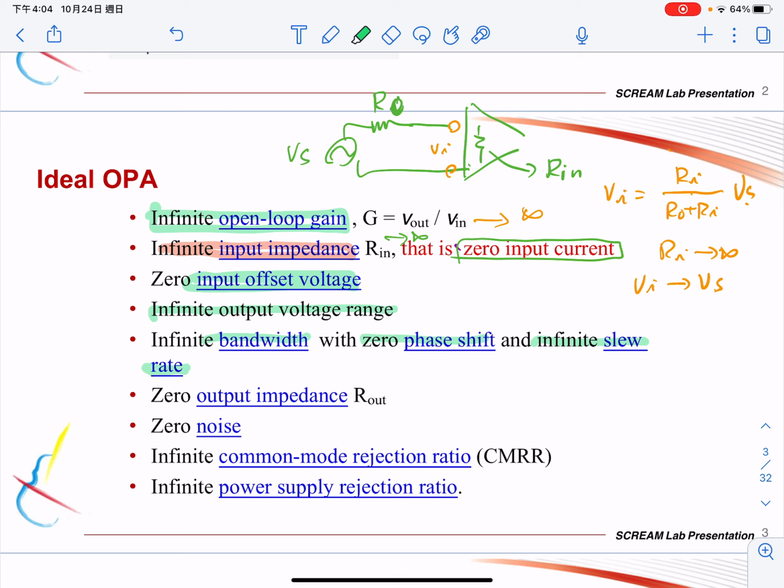Okay, what is phase shift? Phase shift refers to something like this.